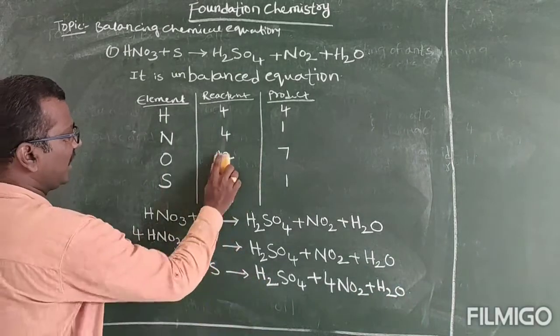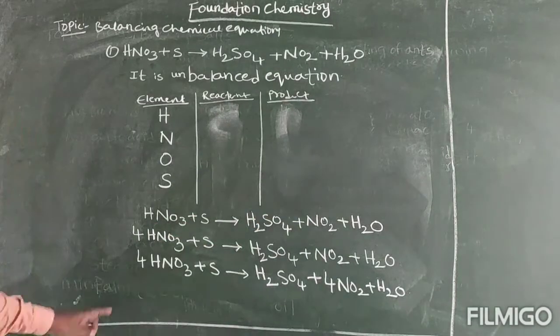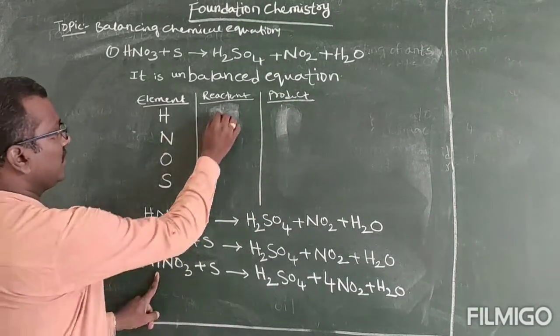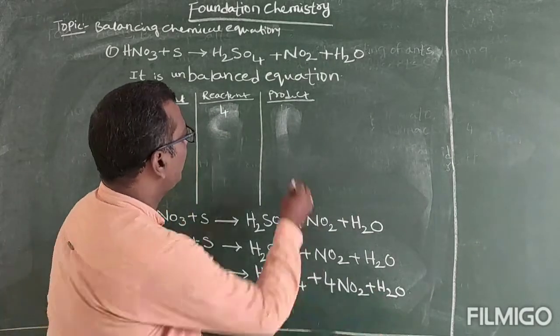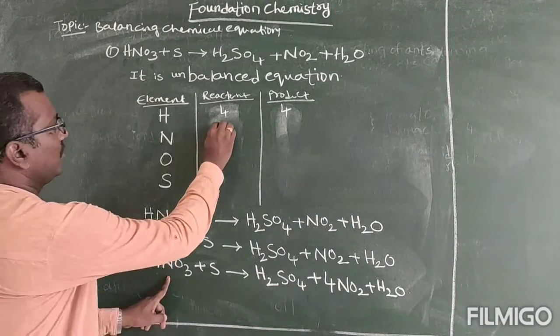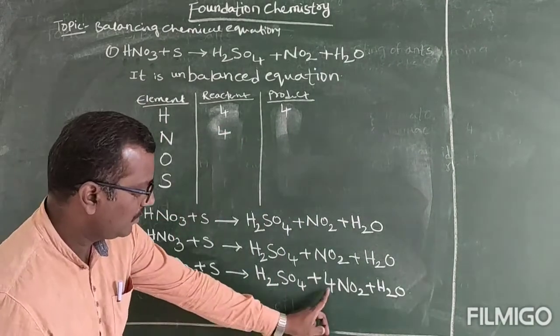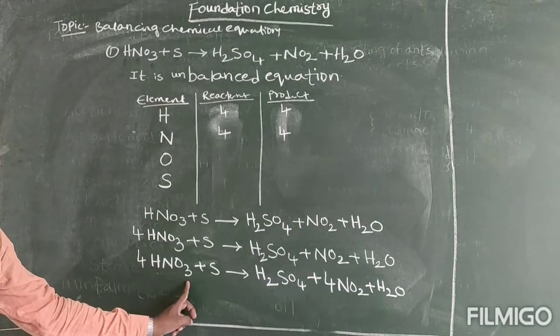Again I have to check whether it is balanced or not. So now 4 hydrogens on reactant side and 4 hydrogens on product side. Nitrogens 4 and here 4. Oxygens 4 3s are 12.